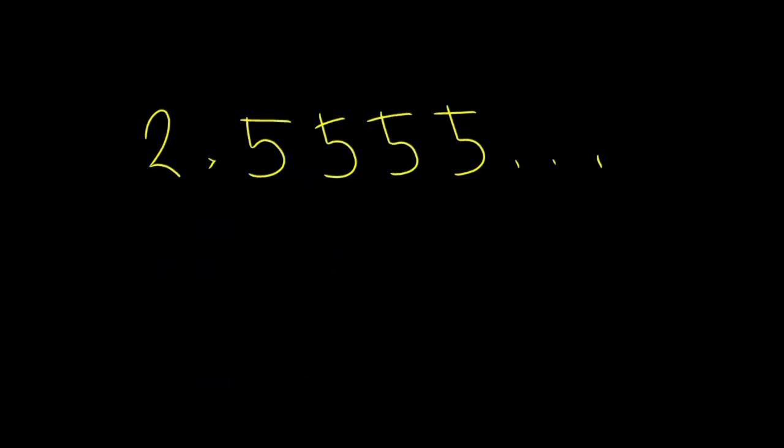For our next example, we have 2.5555 and so on and so forth. As we can see, we have a whole number and then a decimal.